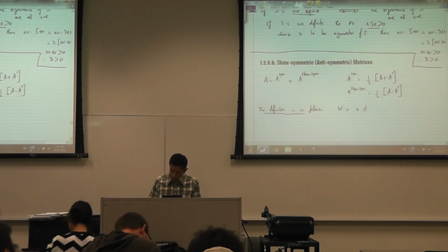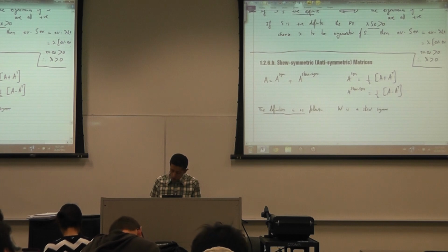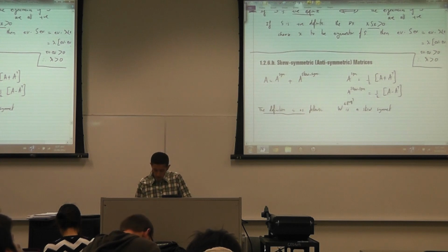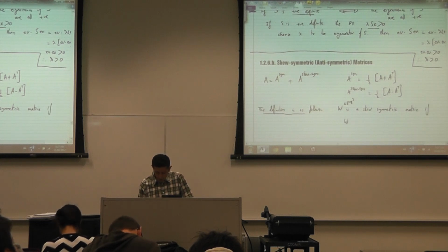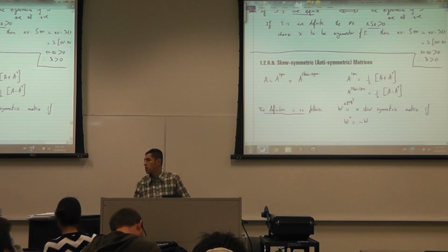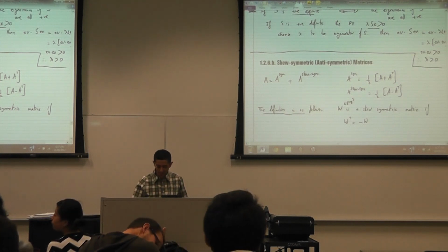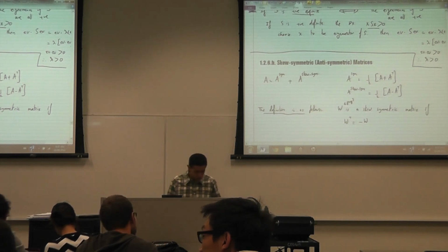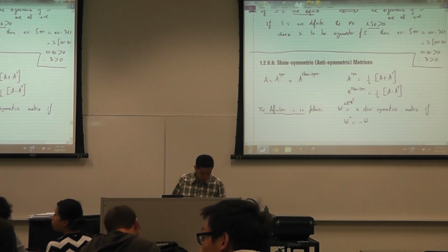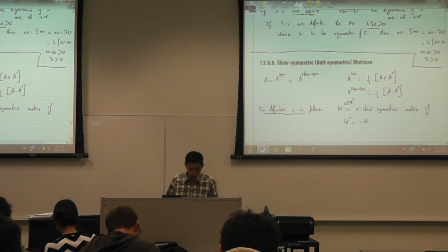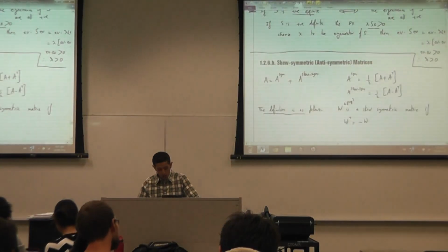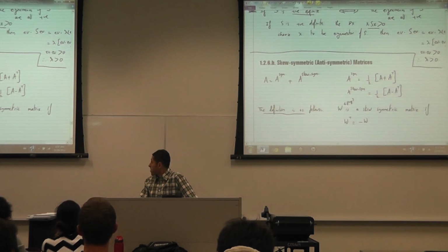W is skew symmetric, and we're talking about a 3 by 3 matrix, if the transpose is equal to its negative.